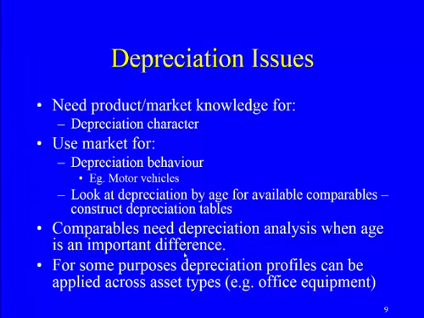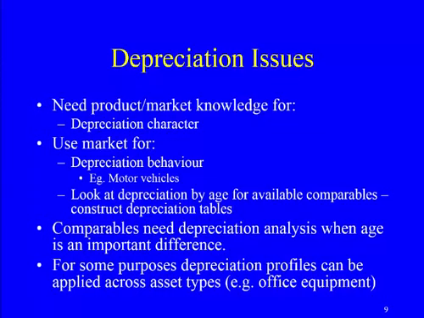For some purposes, depreciation profiles can be applied across asset types, and so it's not necessary to necessarily have a close understanding of the depreciation characteristics of each and every asset. This is particularly the case where you're doing plant and machinery valuation for financial reporting purposes, where you may have a large asset register composed of many items, each of which only has a relatively small value.